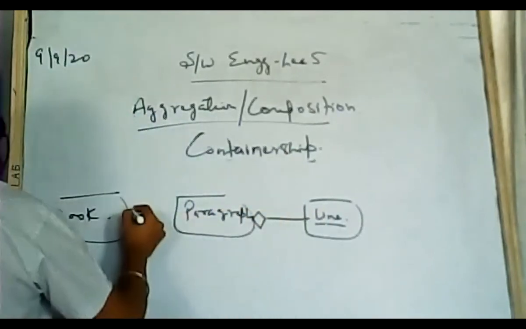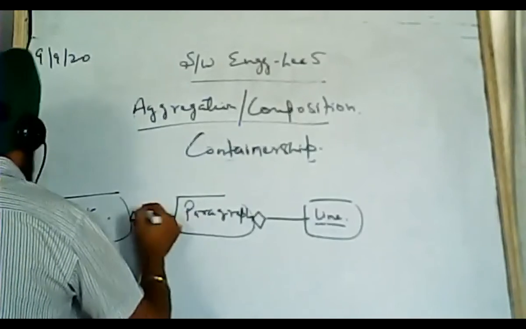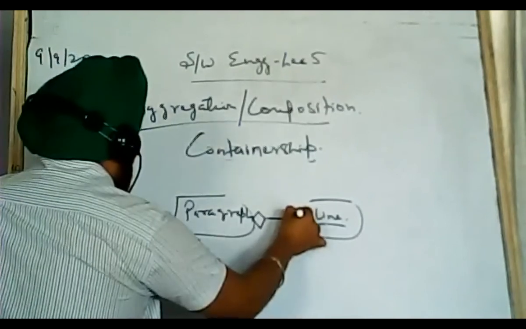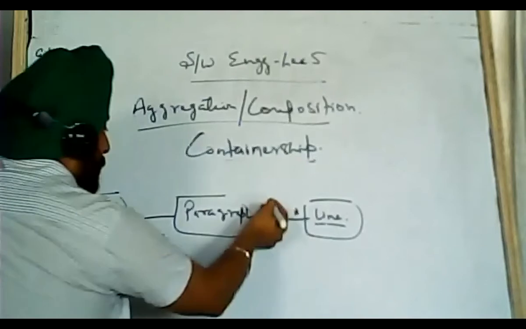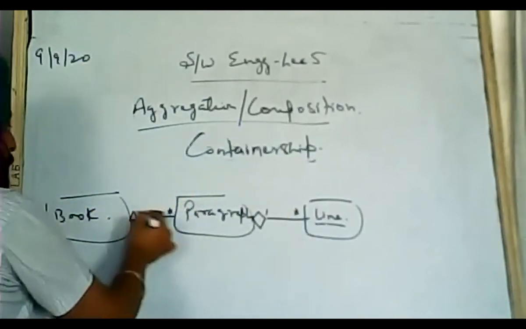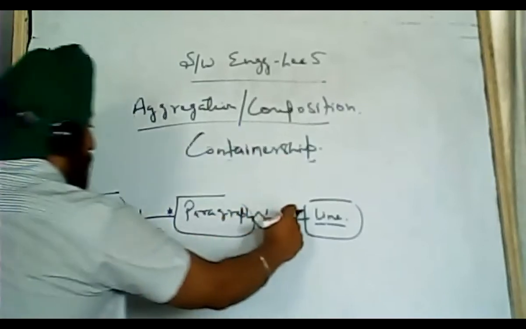A line is contained in a paragraph. A paragraph is contained in a book, and it is shown with the help of a diamond box. Still, many lines are contained in one paragraph. Many paragraphs are contained in one book. So this star symbol here shows the many.